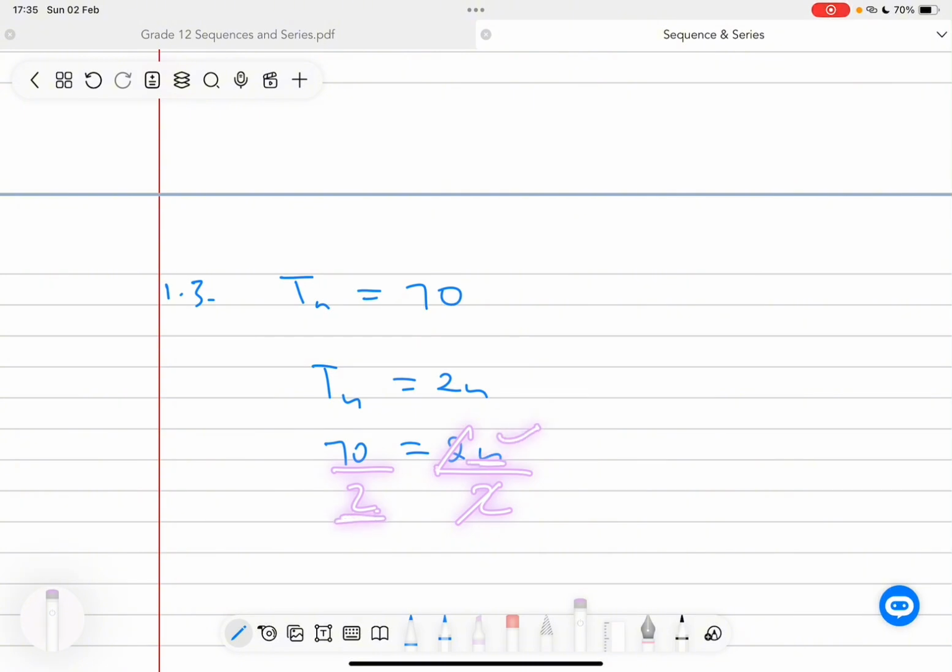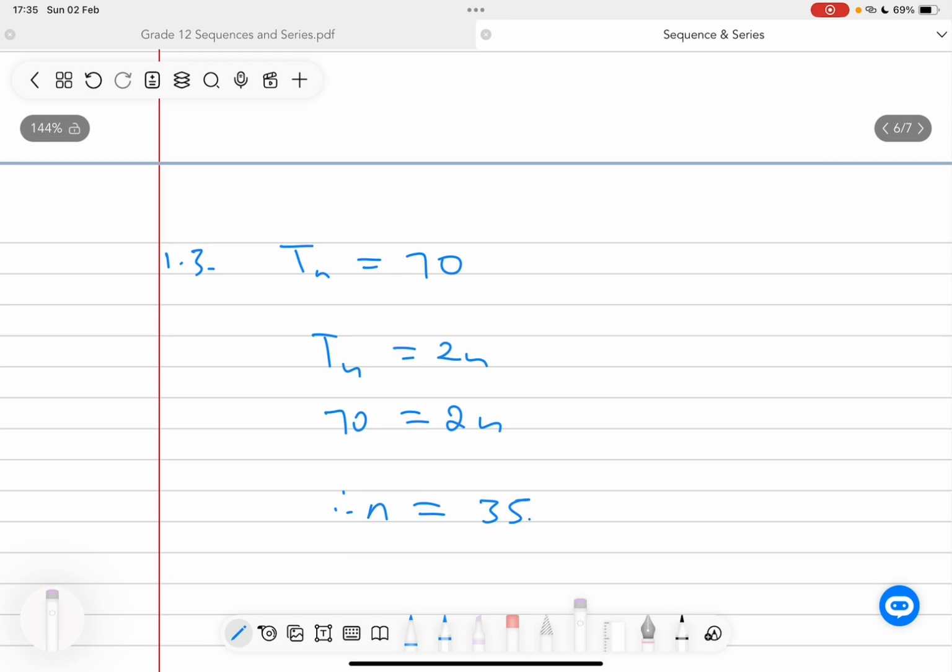Now this side I have 70 divided by 2, so this means that n is equal to 70 divided by 2, which is 35. So this means at position 35, if we have T35, the 35th term, we're going to get a term that is 70.